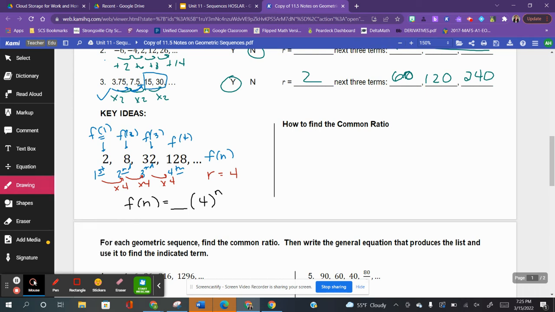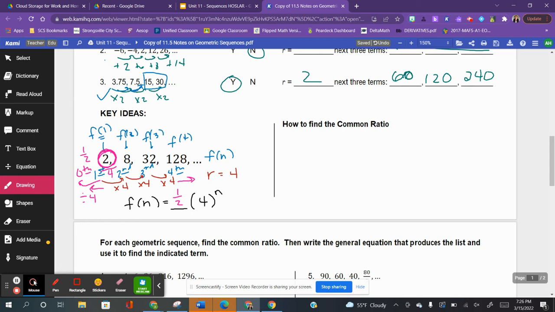So if I'm multiplying by 4 in this direction, what am I going to have to do in order to go to the left or backwards in order to get that 0th term? Well, I'm going to have to do the opposite of multiply, and I'm going to have to divide by 4. What that means is I take this number in the first position, and I'm going to divide it by that common ratio. And so 2 divided by 4 would give me half. And half ends up being then my a value. Okay?